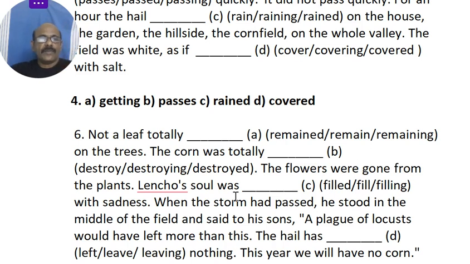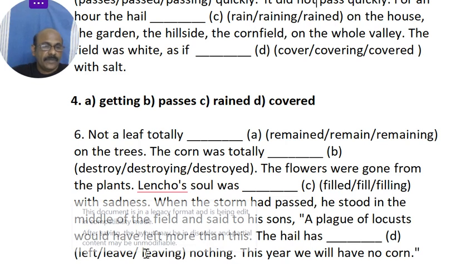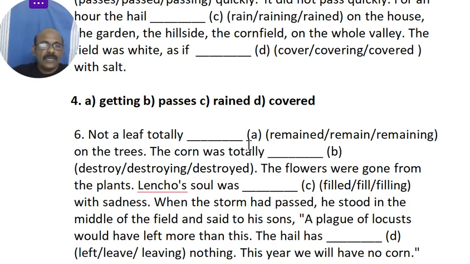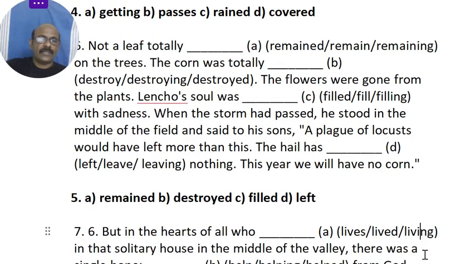The flowers were gone from the plants. Lencho's soul was filled. A plague of locusts would have left more than this. The hail has plus V3, that is left. The hail has left. So like this, here this is the past tense, here passive voice was plus V3, here also was plus V3. Whereas here has plus V3. We know the rules. According to the rules it is getting. Just like this.